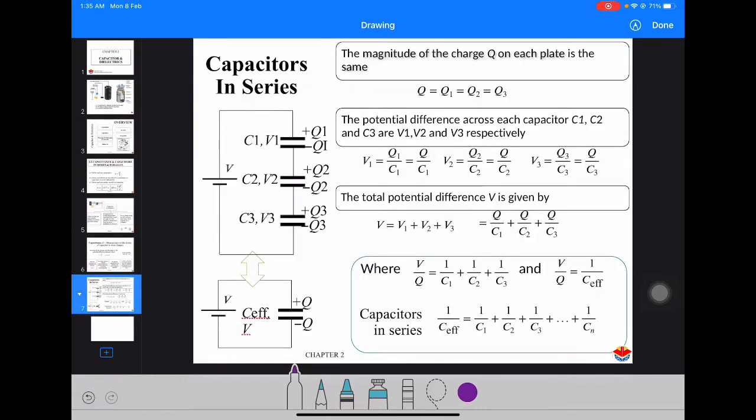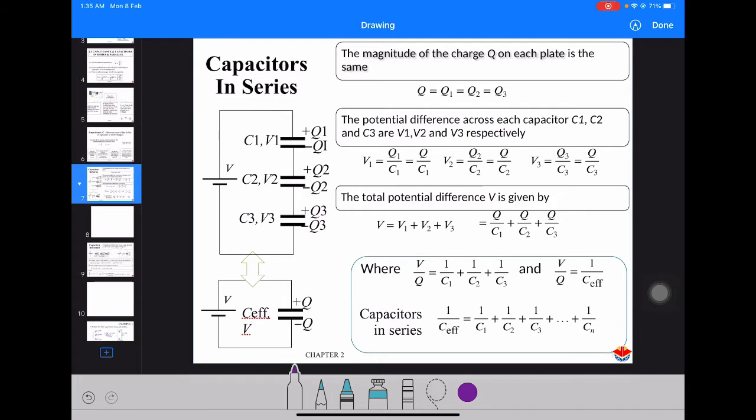Like resistors, you have capacitors in series and in parallel. I think by now you should be able to differentiate between series and parallel. For series, basically you have capacitors sitting next to each other, with no junction between them.